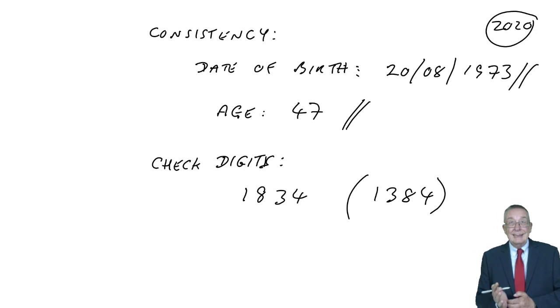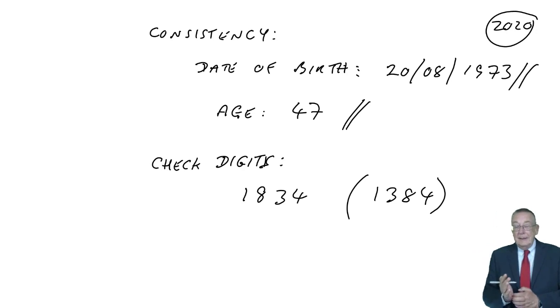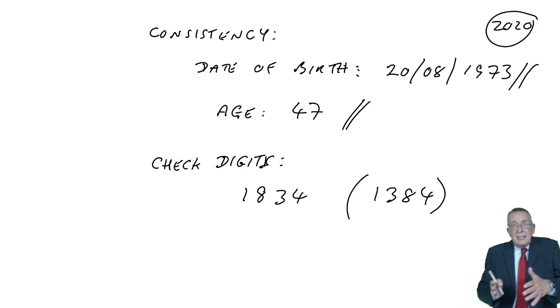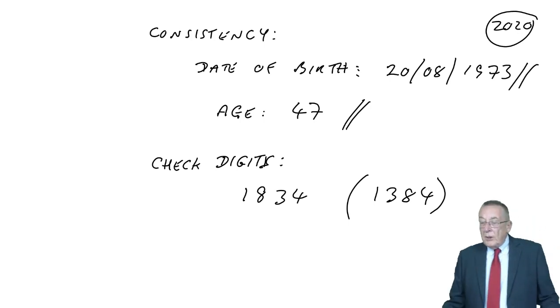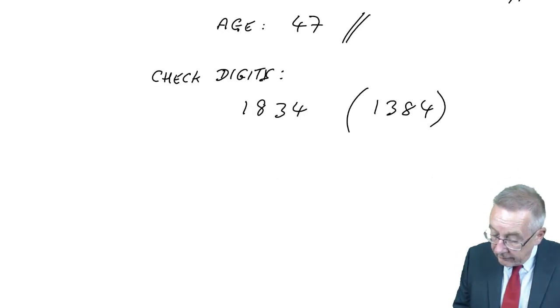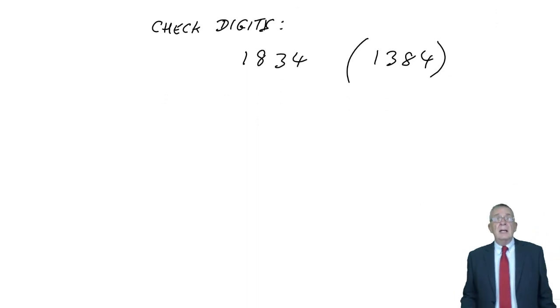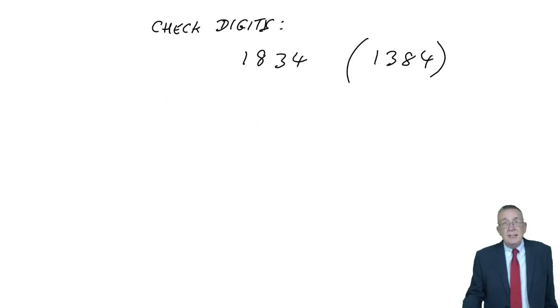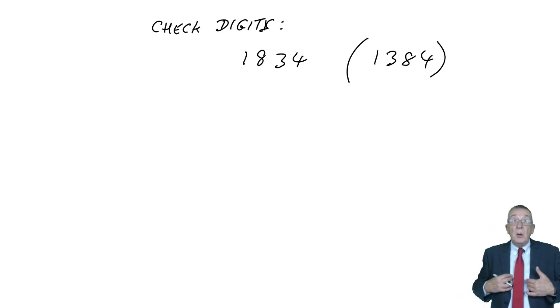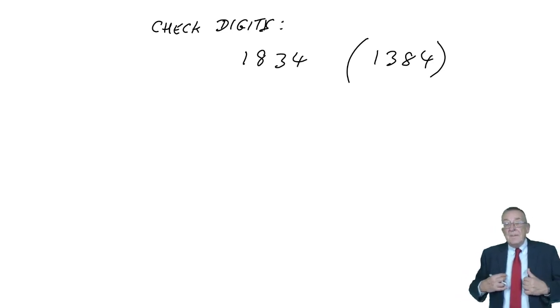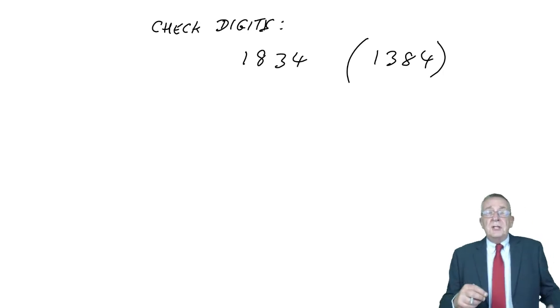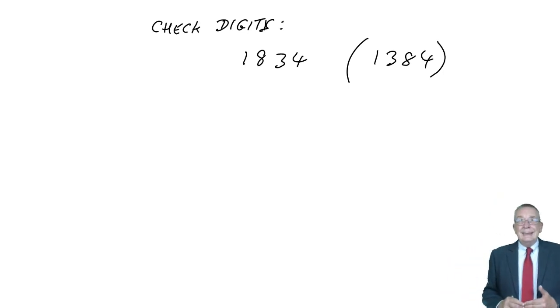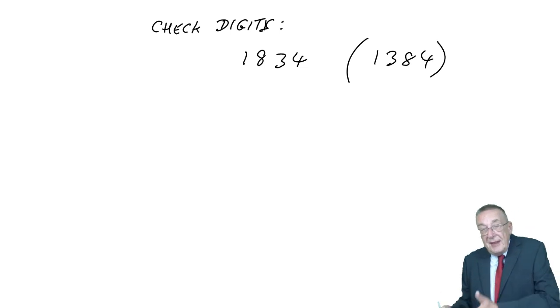I'm sure you've all done that. Well, to try and catch that sort of error, what's very common is when a number is allocated, when I'm given my employee number, that it may be 1834, but to get the computer to use a little formula to attach a fifth digit.